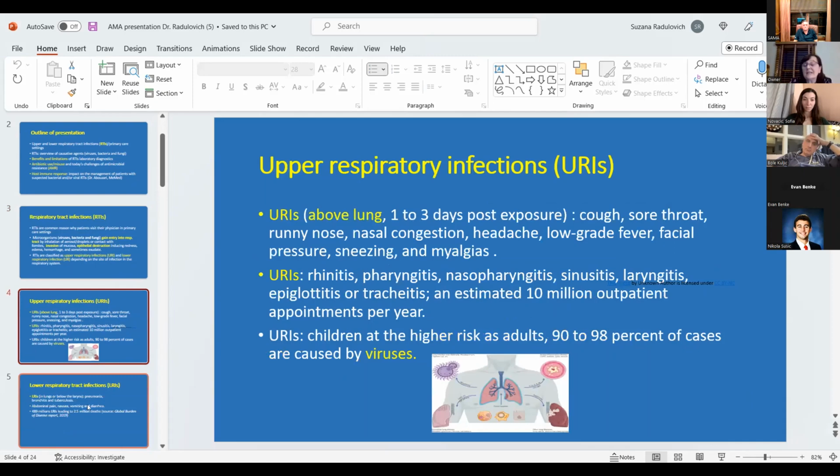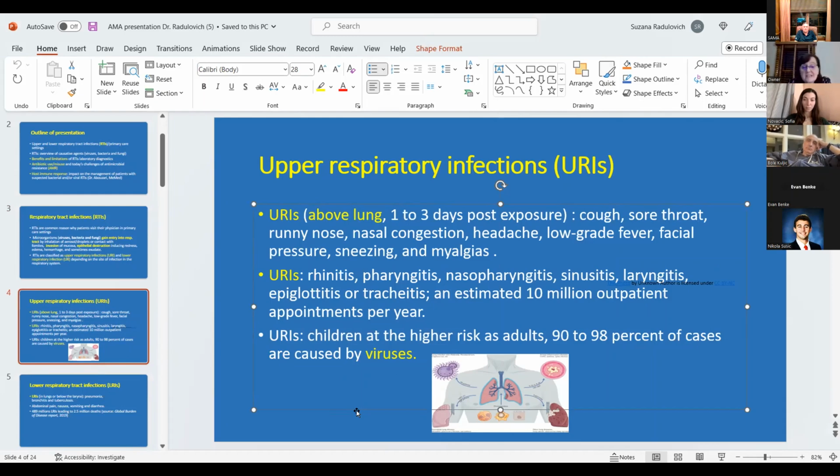Now, the easiest way to remember is, we always say above lung and below lung. So upper respiratory infections are above the lung. It's really 1 to 3 days post-exposure, and you will see a typical patient with cough, sore throat, runny nose, nasal congestion, headache, low-grade fever, and they will complain about facial pressure.